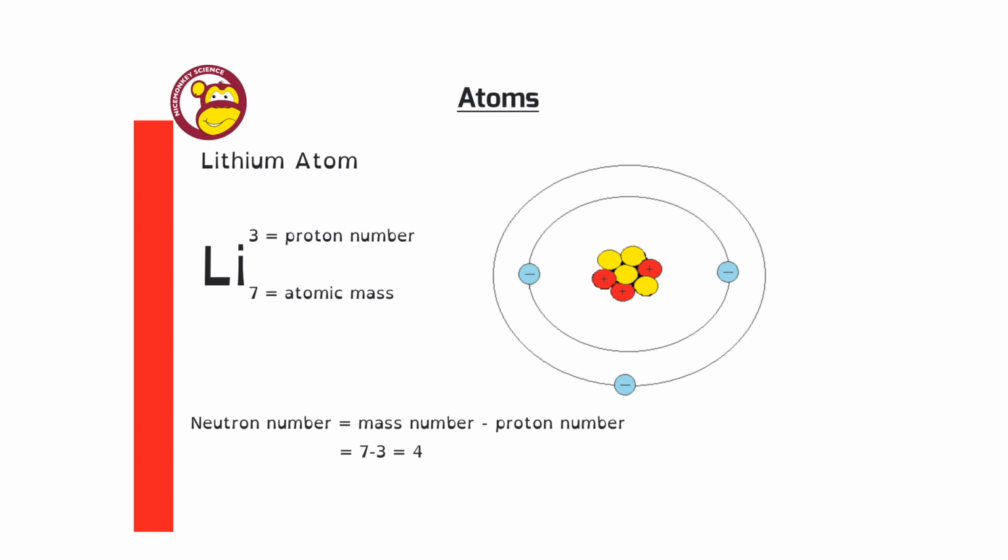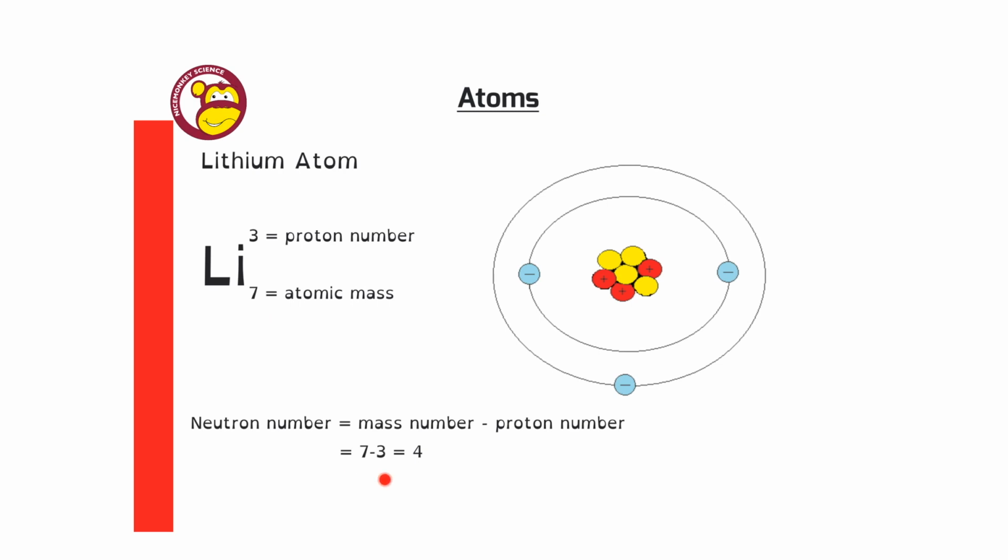Now the other number we've got here is the atomic mass, and that is the total amount of stuff, or the mass of the atom, the total amount of stuff in the middle, in the nucleus. Because remember, the electrons are so tiny, we say they don't have any mass. To work out the number of neutrons, we do a simple calculation, and we take the proton number away from the mass number.